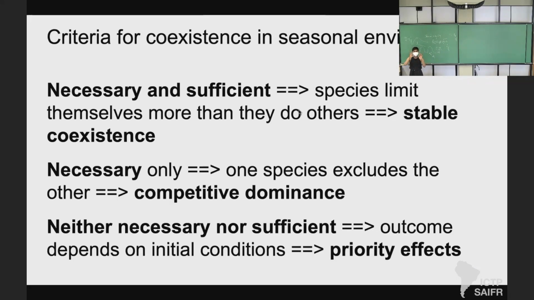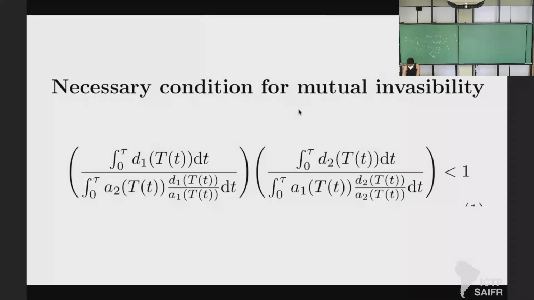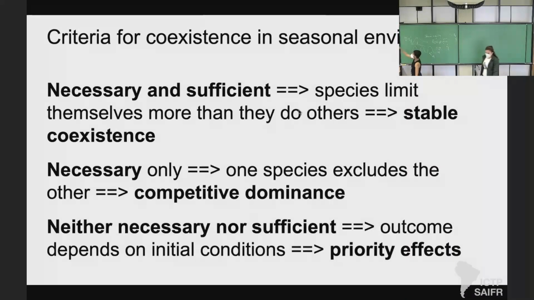If both the necessary and the sufficient conditions for mutual invisibility are satisfied, that means the species limit themselves more than they do the other species, and you get stable coexistence. If only the necessary condition is satisfied, this one, then one species excludes the other, and you get competitive dominance.